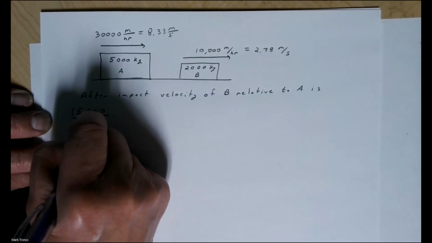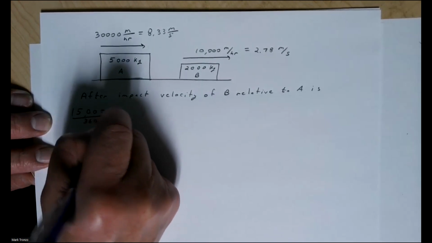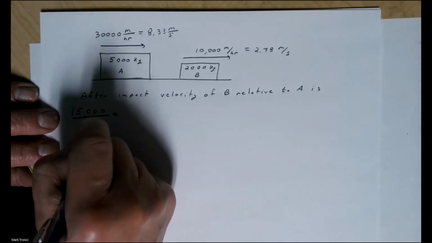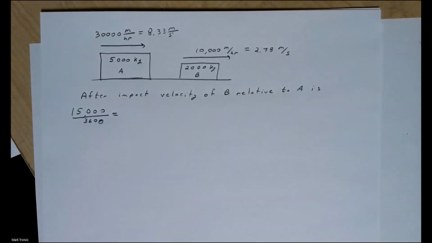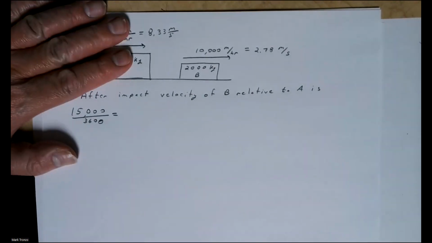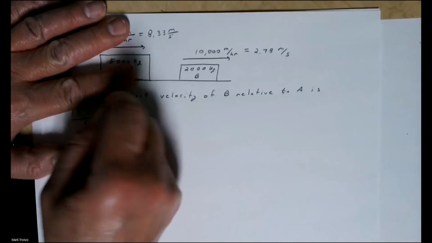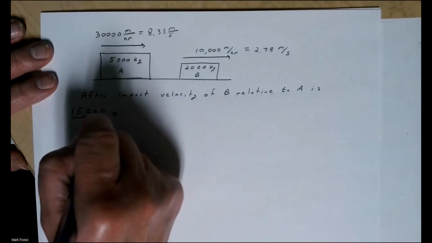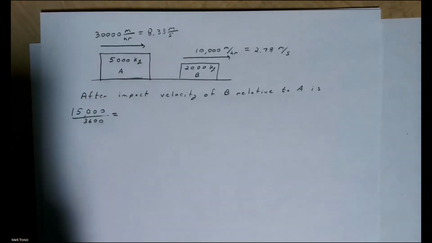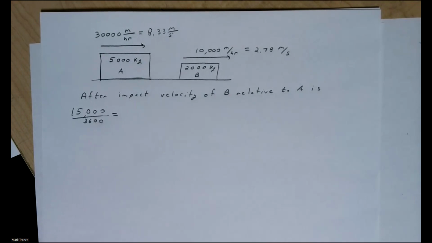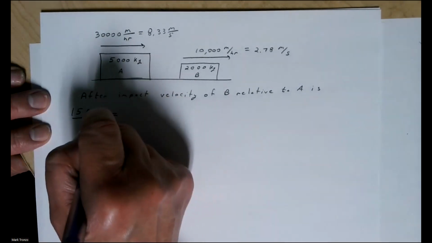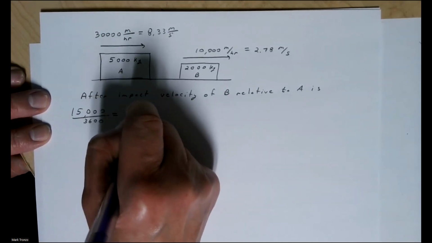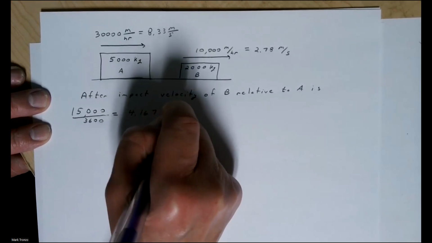If you divide that by 3,600, it's about 4.167 meters per second.